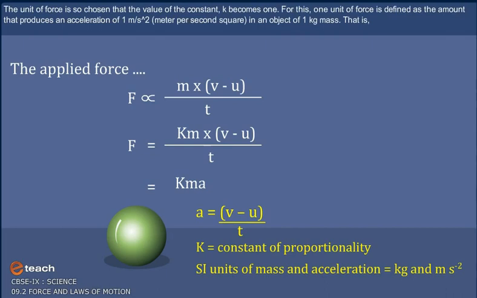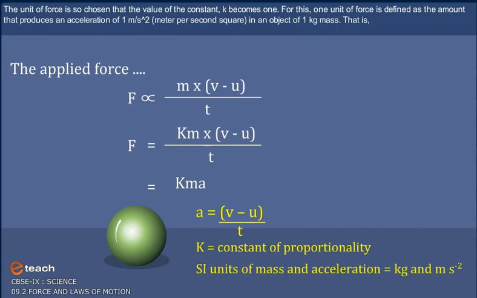The unit of force is so chosen that the value of the constant k becomes 1. For this, 1 unit of force is defined as the amount that produces an acceleration of 1 m s^-2 in an object of 1 kg mass.